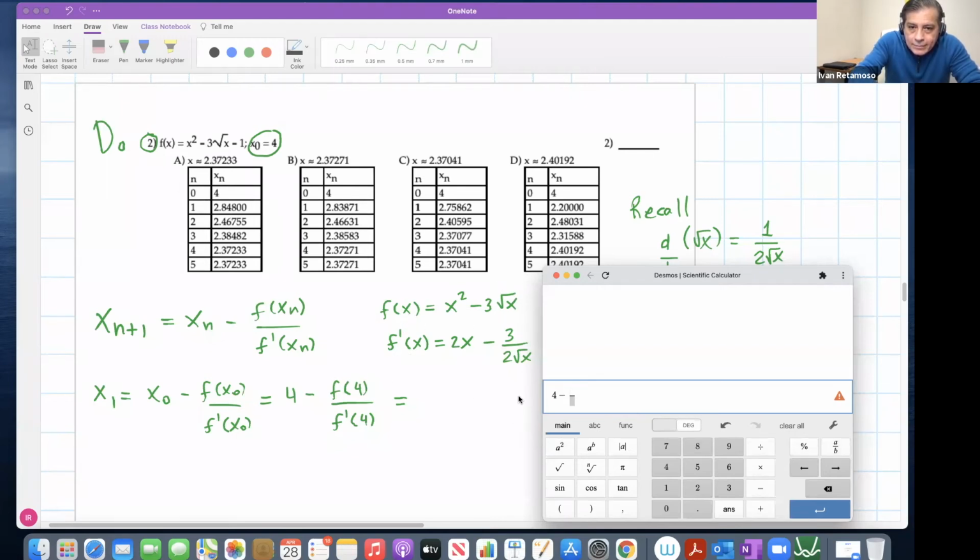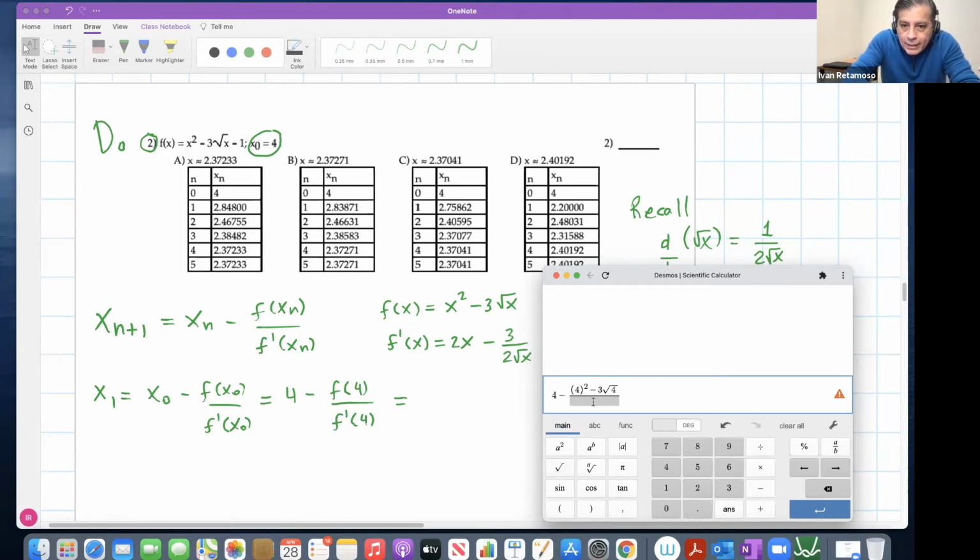I need to do 4, which I'm going to write within parentheses, so later we can use this form for the other computations. Minus 3 times a square root of 4. This is the evaluation at 4, right?